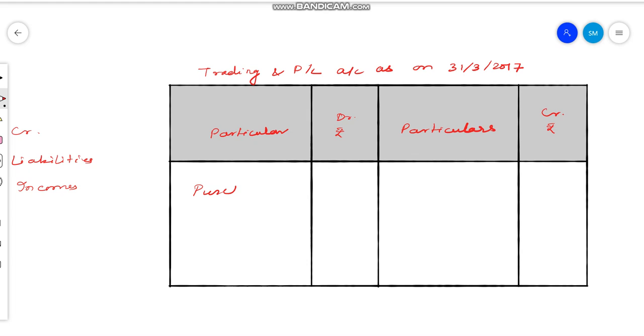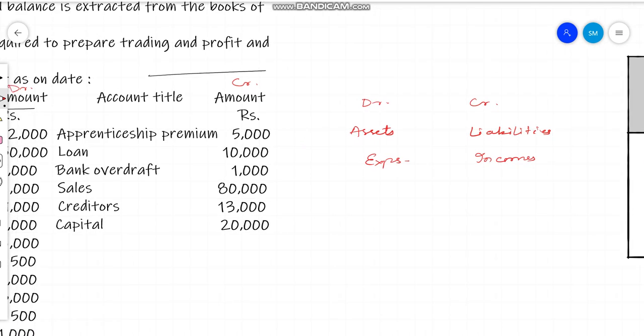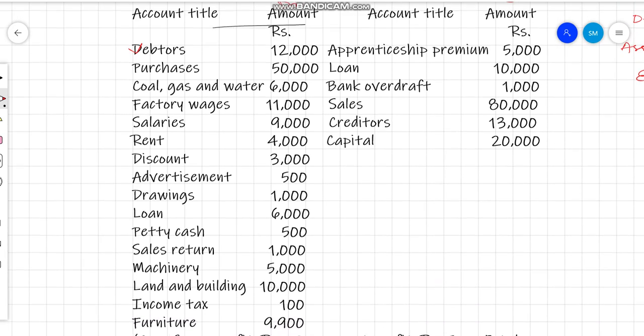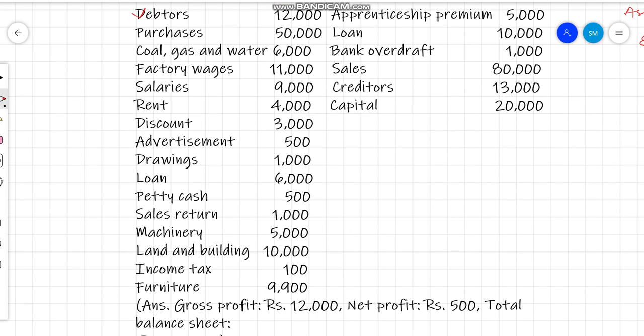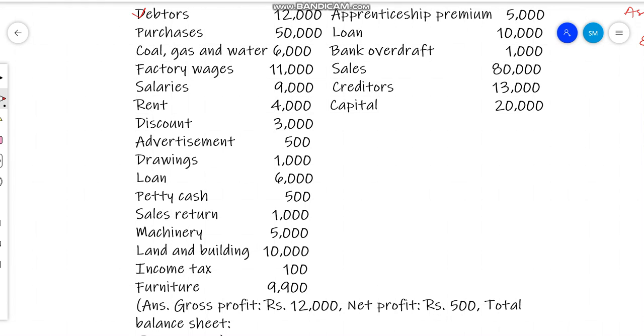So what was the expense? Purchases. Purchases how much? 50,000. See whether any return is there. Purchase return means it is directly deducted from your purchases.